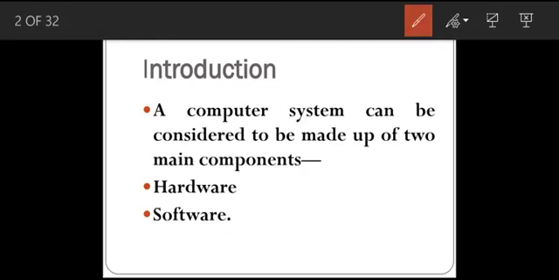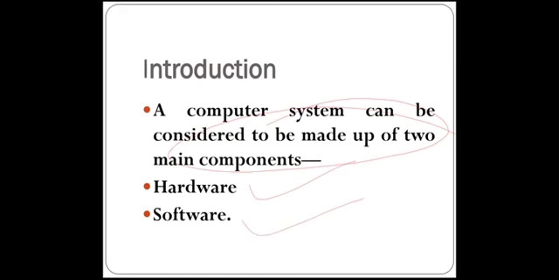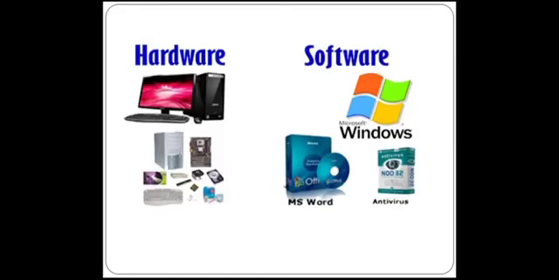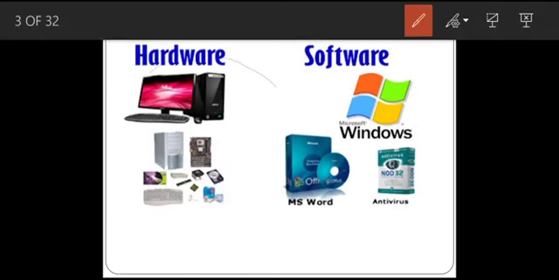A computer system is made up of two main components: one is hardware and the other is software. All the physical devices such as keyboard, mouse, and monitor that we can touch and feel are hardware components.